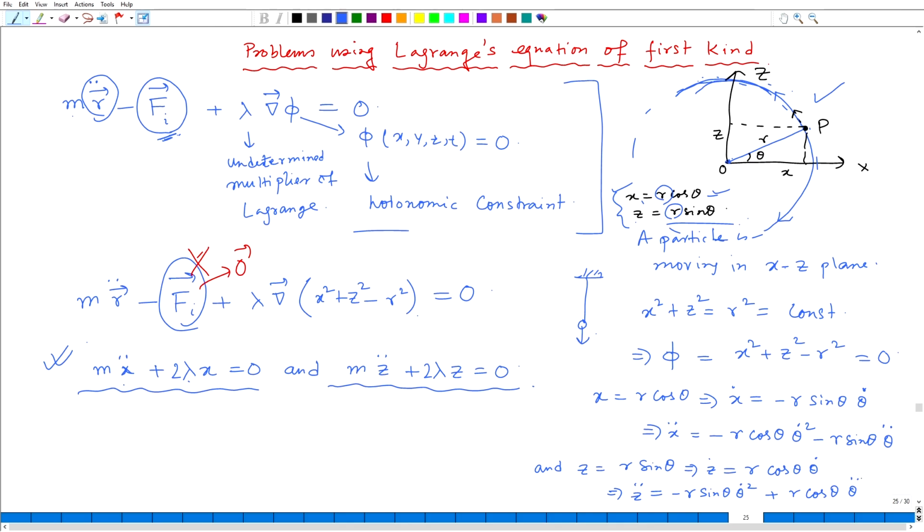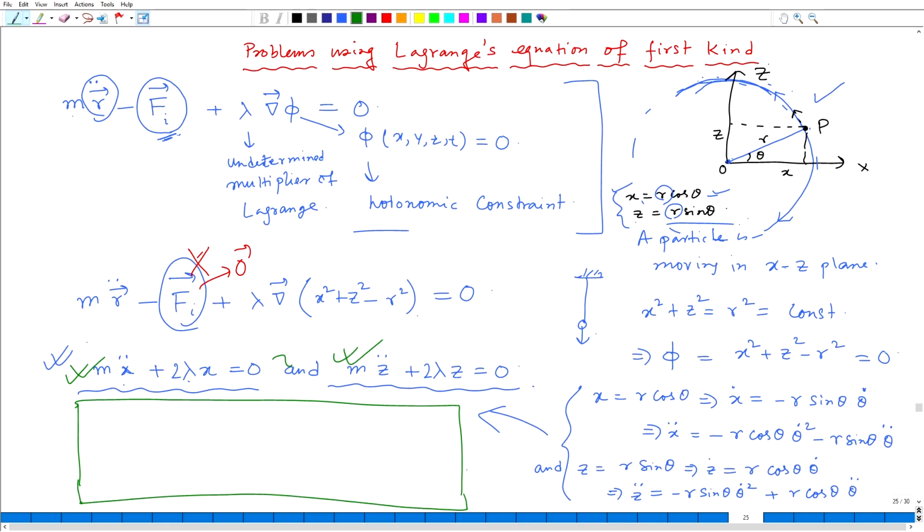Okay. So, now you just put these things over here. What I write in green now, in green I will have these two equations, but in polar coordinates. r is a constant for our system, that is the constraint.